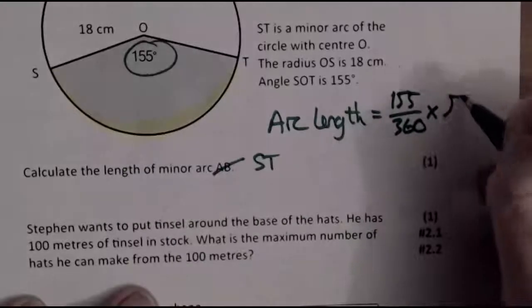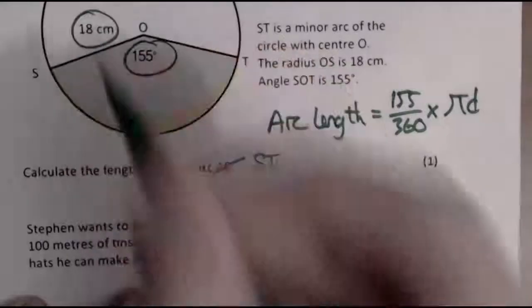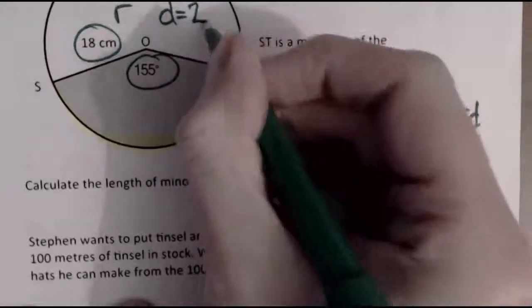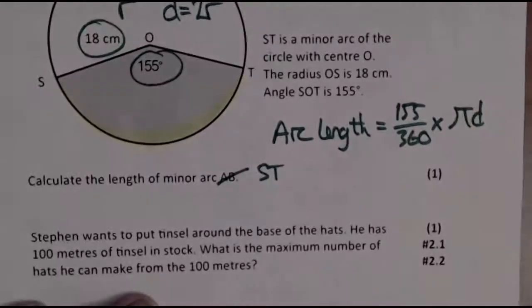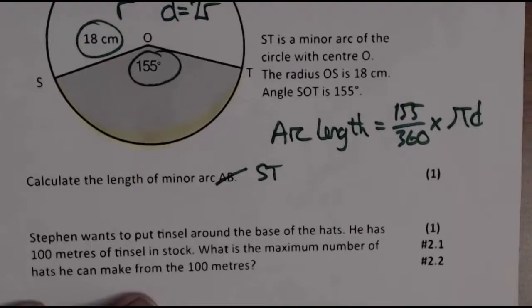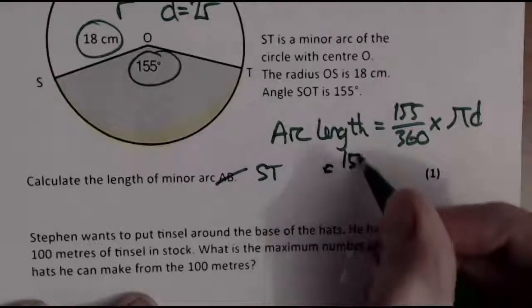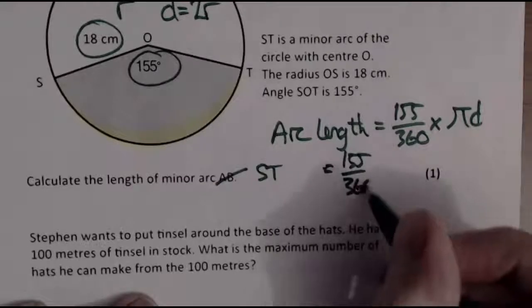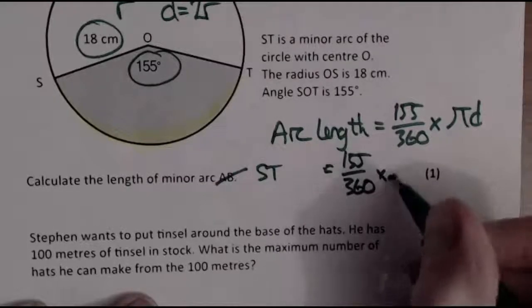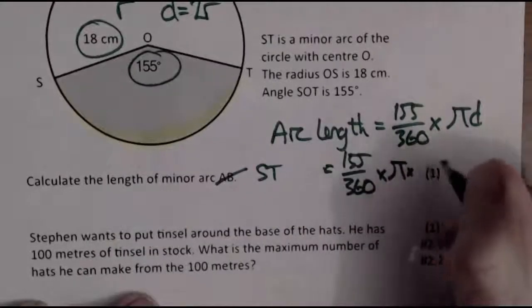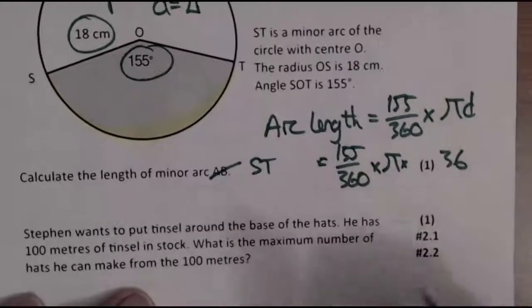We know that's your radius, so therefore diameter is 2r. So 155 divided by 360 times pi, times 36, just put 36 there, it's not the neatest in the world.